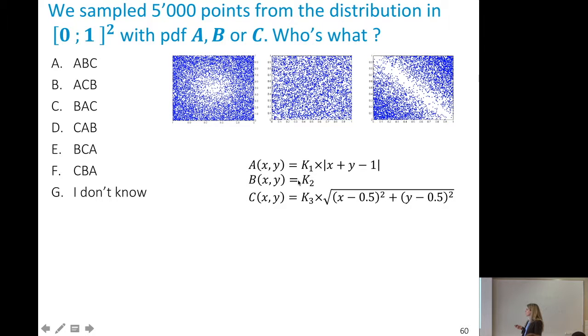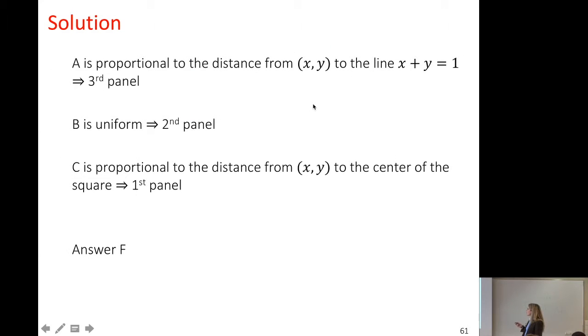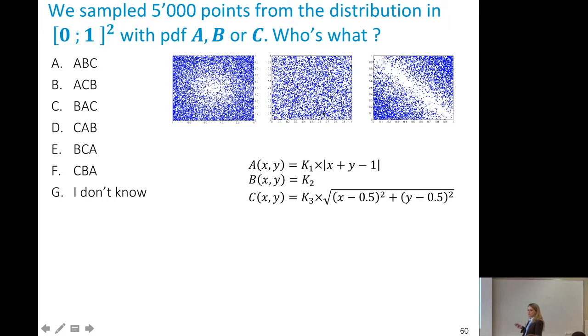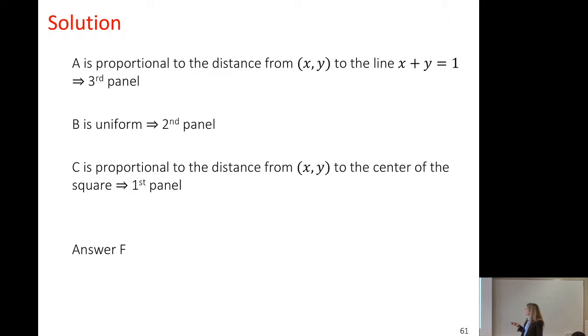Then B is constant, so it's uniform, and it's there where we see uniform distribution. So it's the second graph. And C is proportional to the distance from the center of the reticle. So we will have more samples away from the center of the reticle. So A is the first graph. So first C, then B, and then A, sorry, before I got confused. Okay. So this is the solution.